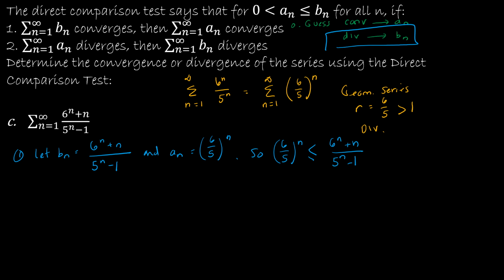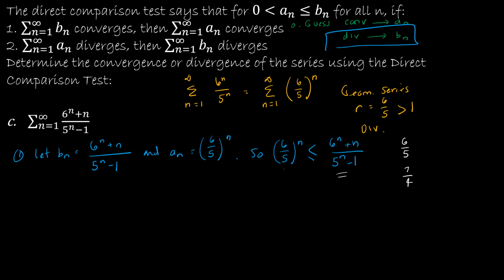If n is 1, my first value here is 6/5, whereas my first value on the other one is 6 to the first, which is 6, plus 1, so that's 7, and then 5 to the first, which is 5, minus 1, which is 4. So right off the bat, 6/5 and 7/4, this guy's bigger.